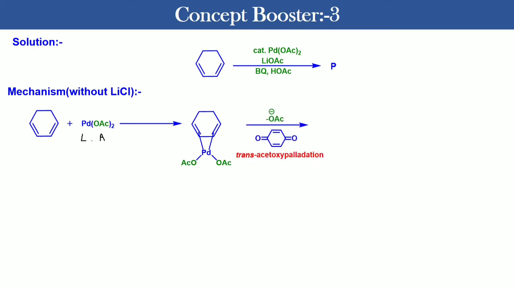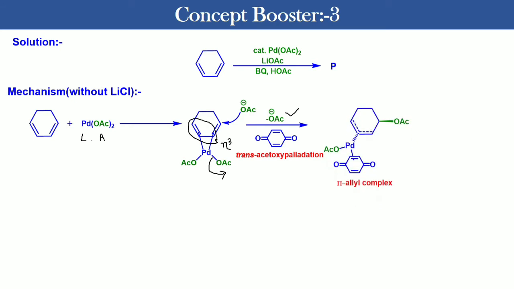In the second step, in presence of external acetate ion, the acetate attacks the terminal end of the double bond from the top side, and as a result an allylic carbanion is formed, which subsequently coordinates to the palladium center through eta3 mode and OAc minus departs.